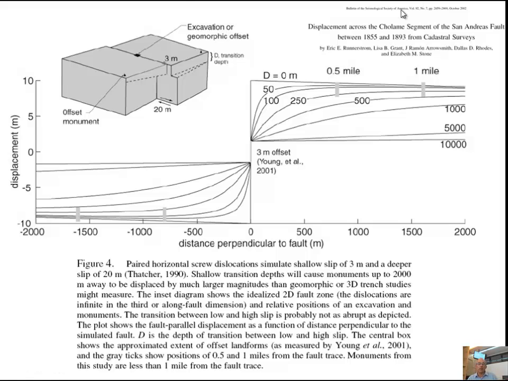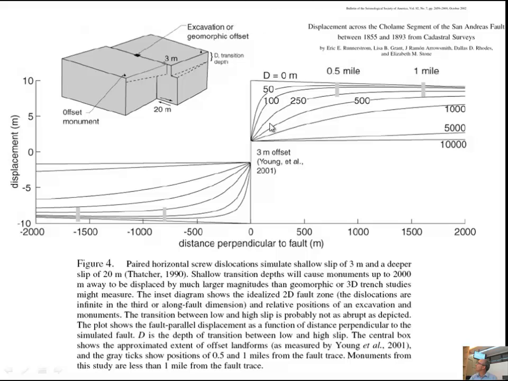How do you reconcile 3 meters at the surface, but then the monuments are moved more like 20. So we used multiple dislocations. We used one that went to the surface. We just did 3 meters right here. And then I said, well, how deep do I need to pull this transition zone from 3 to 20 down to fit the data best?